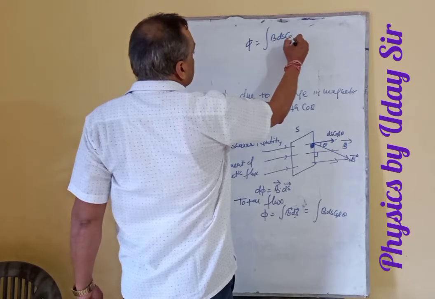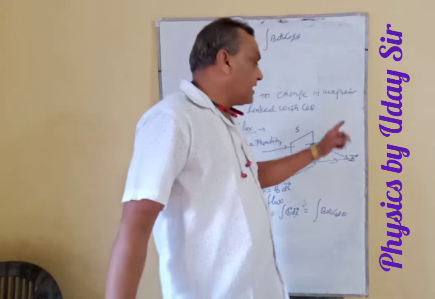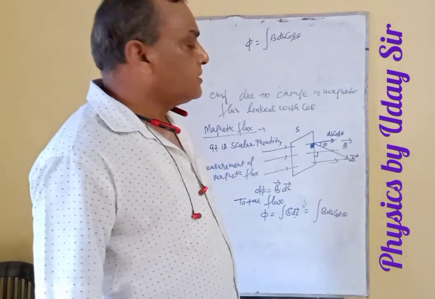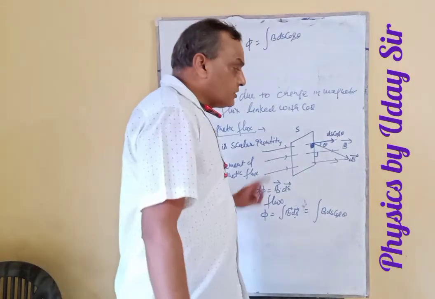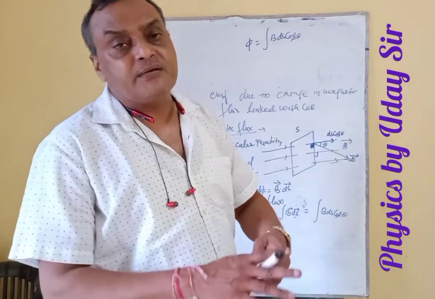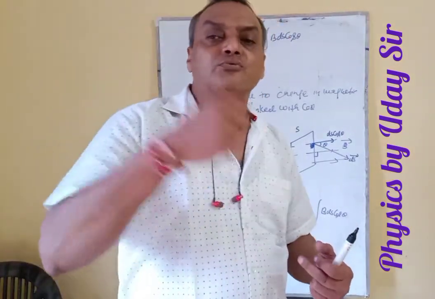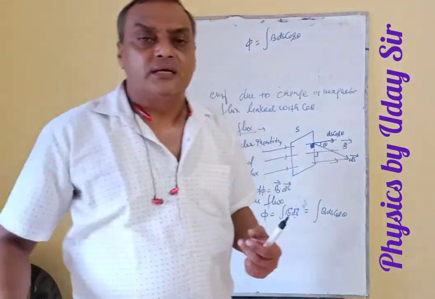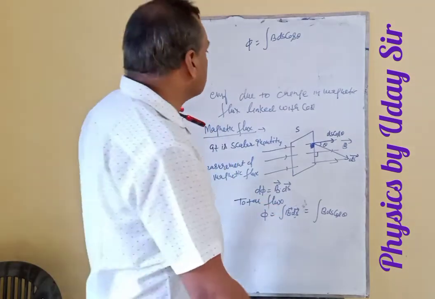Theta, I told, is taken between the magnetic field B and the area vector ds. The area element is always perpendicular to the surface, normal to the surface, directed outward. That we had considered in the electric flux of the electric field also.